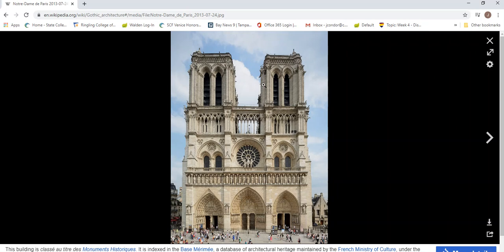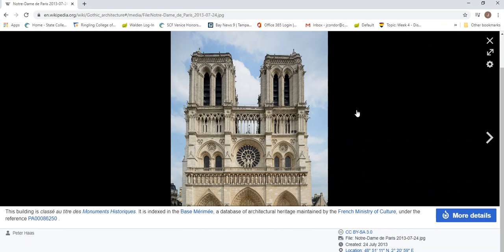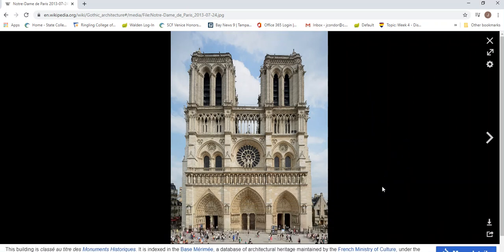It's going to be very long and expensive, but this is a very classic Gothic building, and it has to do with a lot of the support structure and the windows and entranceways and so on.